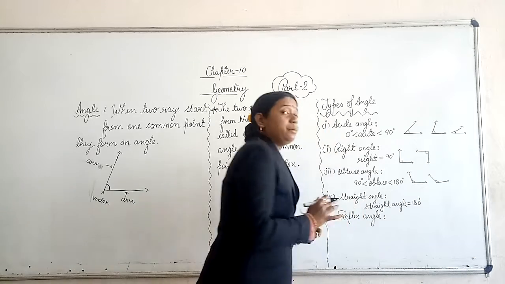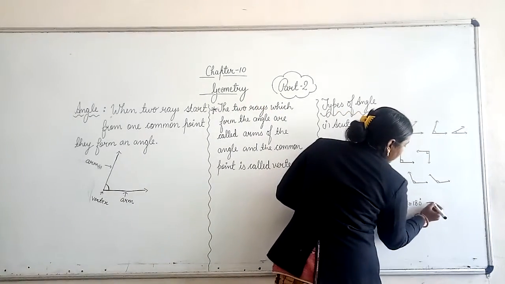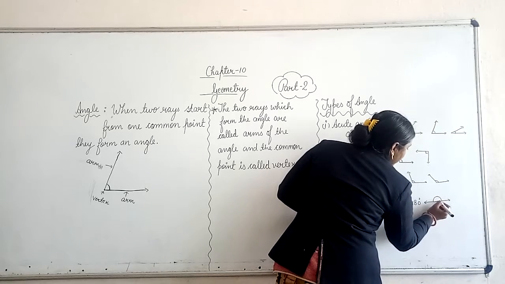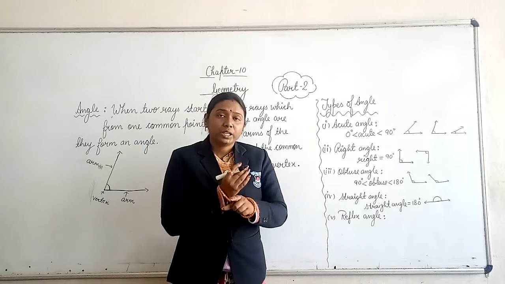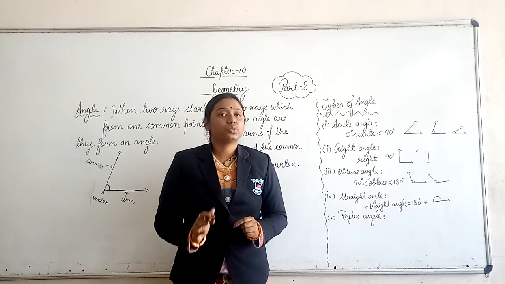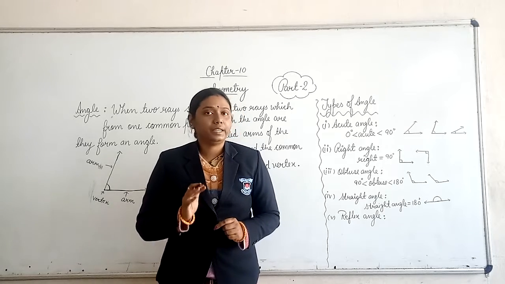And why its name is straight angle, you will know after looking at the figure. Whenever a straight angle is formed, a straight line is formed. That is why it is called a straight angle. The measure of a straight angle is 180 degree.